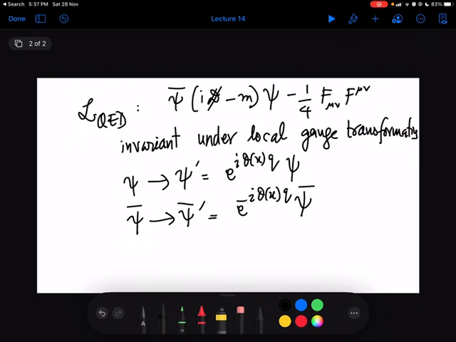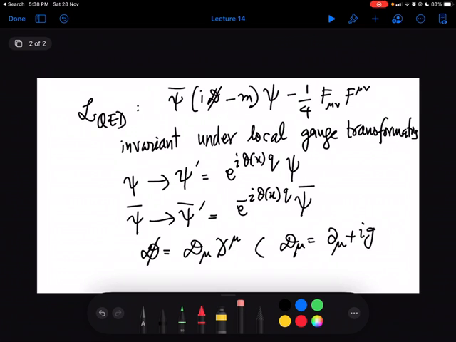Now you see only the derivative will play a role, exactly as in the scalar case. So D slash is equal to D mu gamma mu. The only difference here is in D mu, the capital D mu is del mu plus i e q A mu. So the entire idea is exactly the same, meaning the entire structure looks like the same thing.